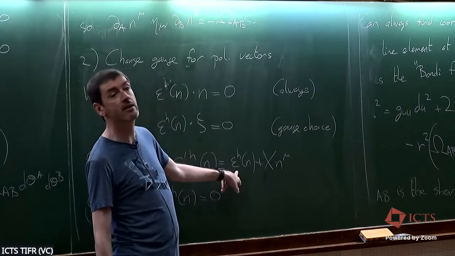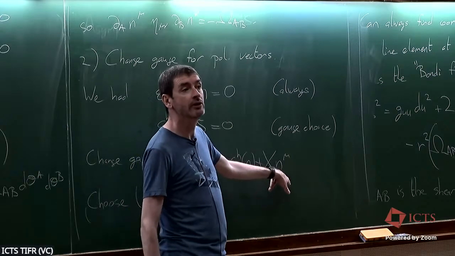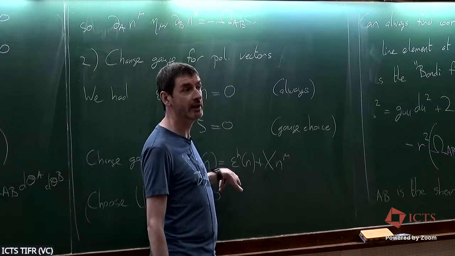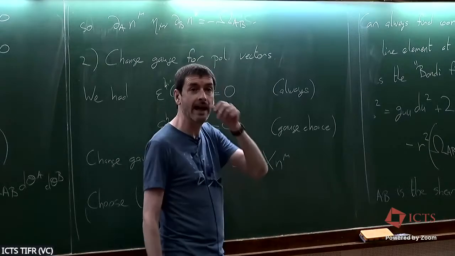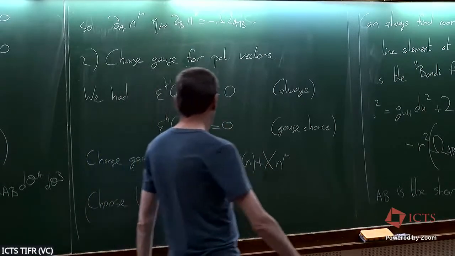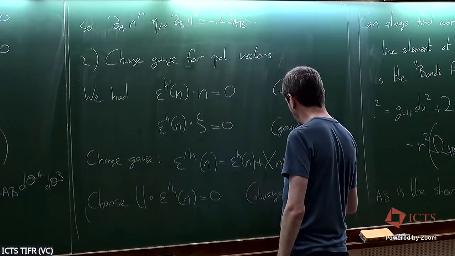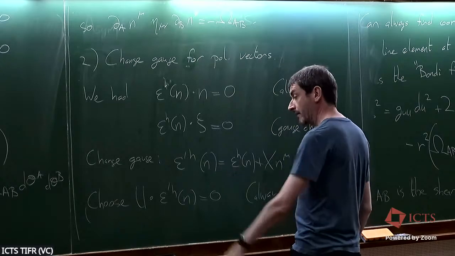I'll get the non-zero term from u dot epsilon. I'll get plus x times u dot n. u dot n is 1. So x will be just minus epsilon dot u. So I can always find an x that puts me into this gauge. Okay, and then I'll drop the prime.